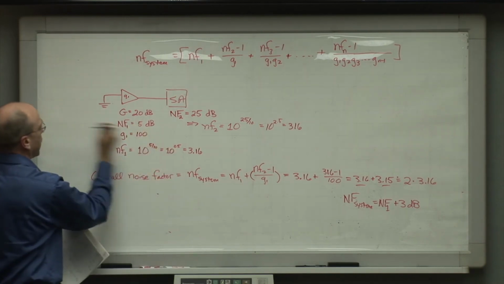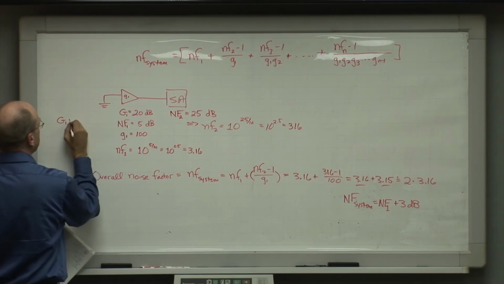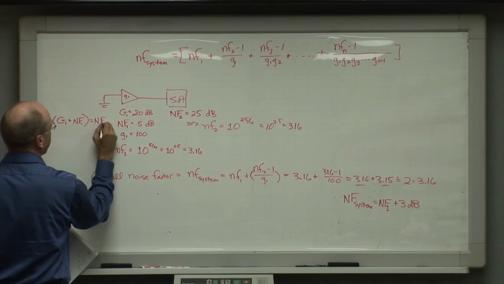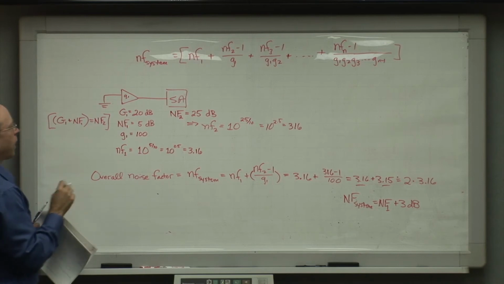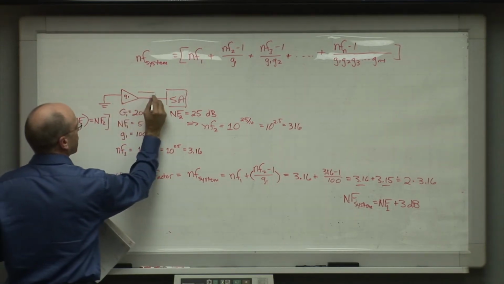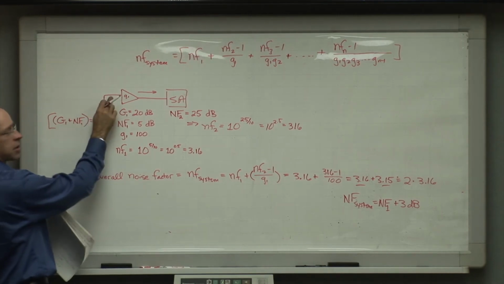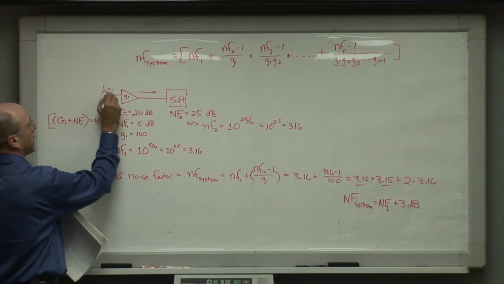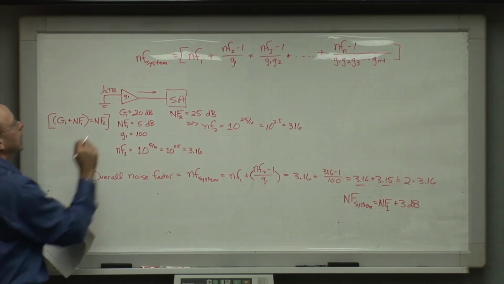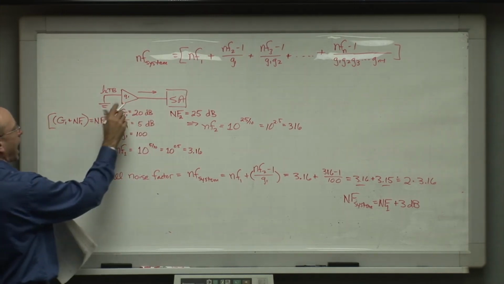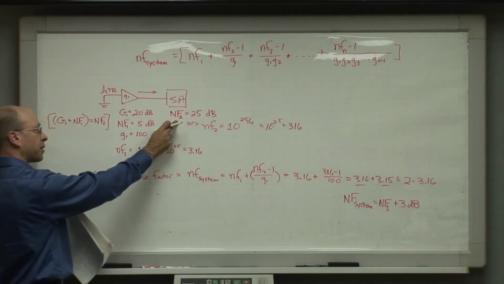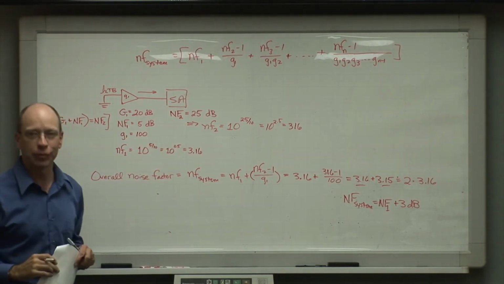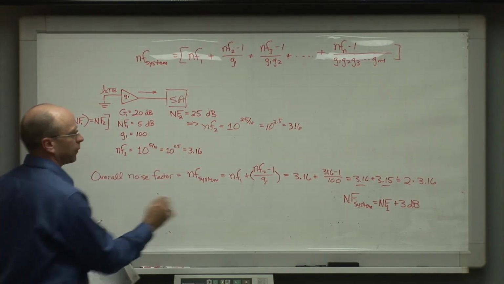But if you set it up like this, such that G1 plus noise figure 1 is equal to noise figure 2, then the excess noise that this amplifier produces when there's no signal source present, nothing but thermal noise at the input, KTB, KT in density, the power that this produces out of its output will just be equal to the excess noise power the spectrum analyzer itself is generating, and when we add two equal power levels, what happens? It goes up by 3 dB. So that's what I just did here with the math.